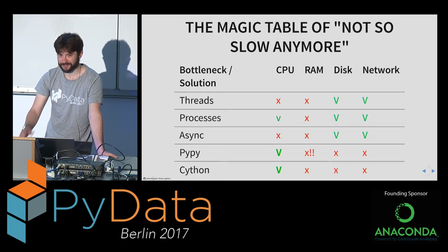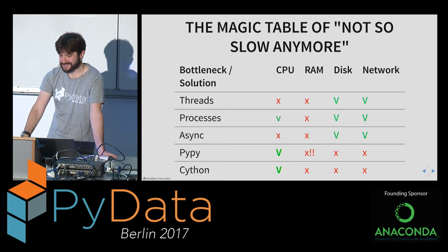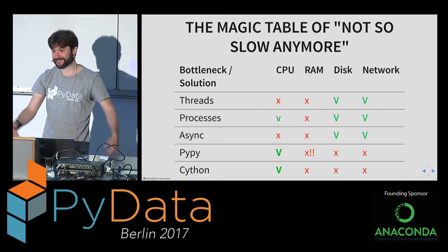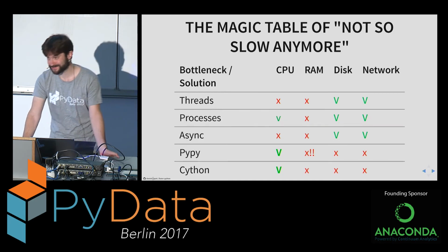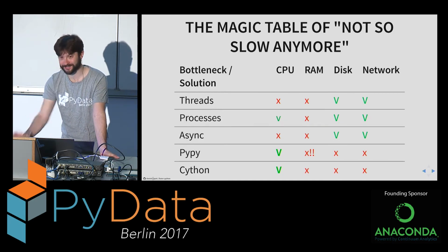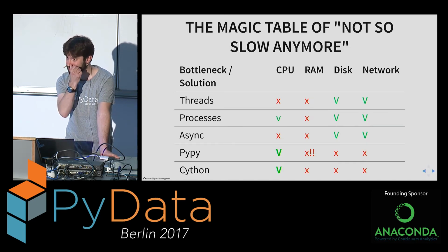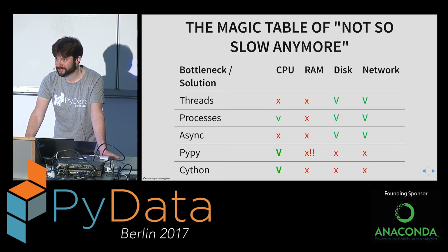But if your problem is you cannot read and write fast enough from RAM, then you're probably in as good a place as you can be. Unless you're reading and writing a lot of stuff that you don't need to, then you can maybe think about, okay, am I doing the right operations? Am I using the right algorithm?